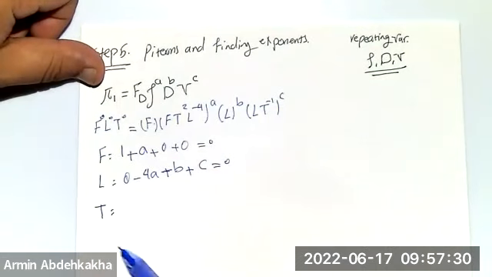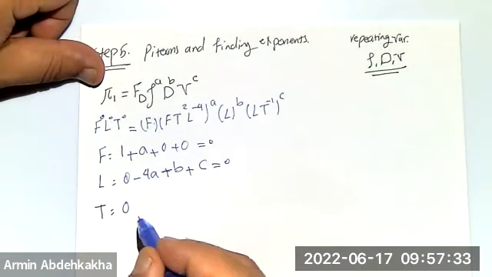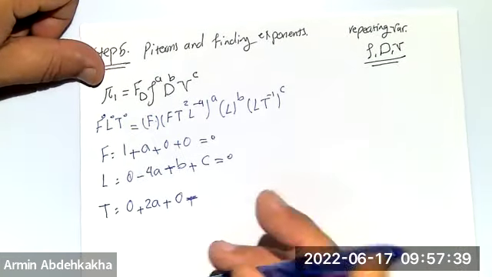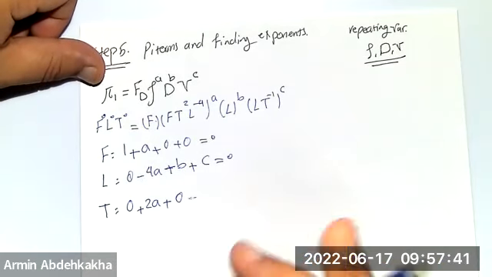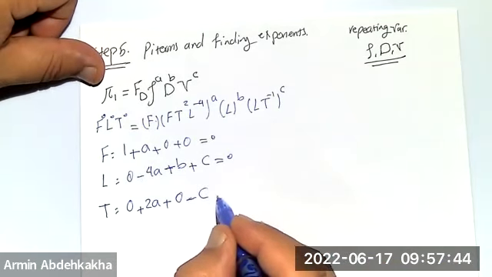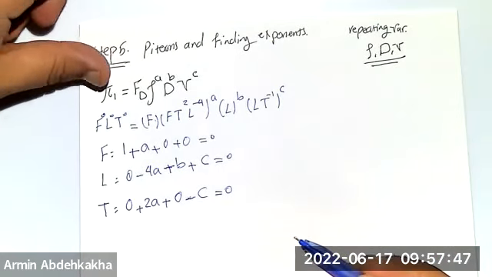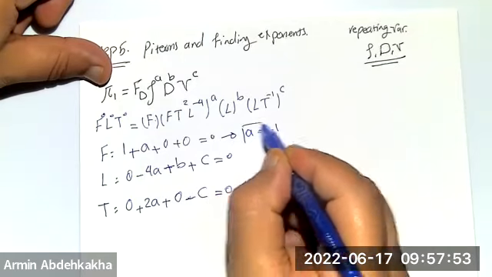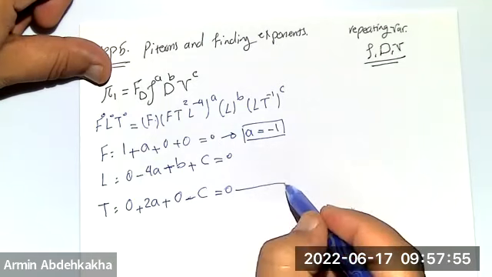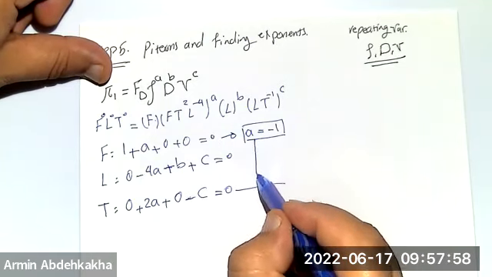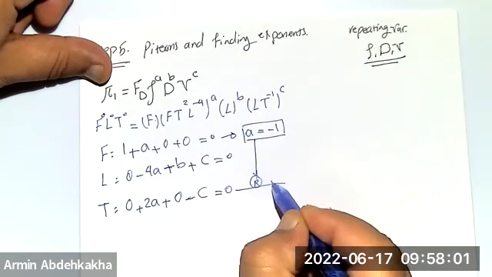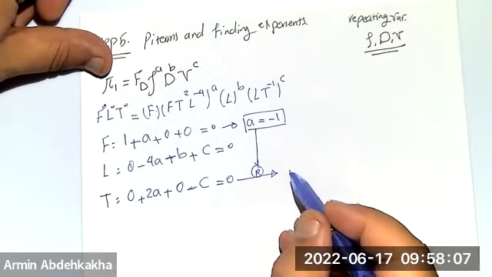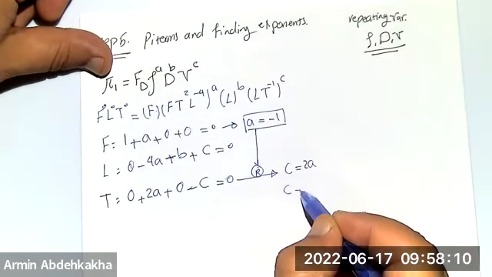And for T, we have 0, we have 2a, 0, and minus 1, minus c equal to 0. Okay. Here I can find that a is minus 1. Then I can bring it here and replace in this one. When a is minus 1, then c is going to be 2a, so c is minus 2.